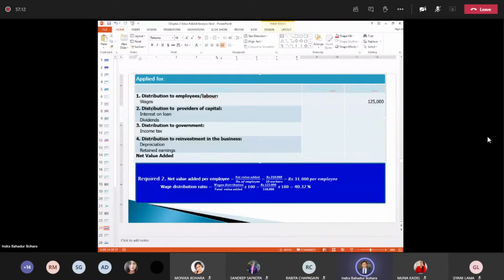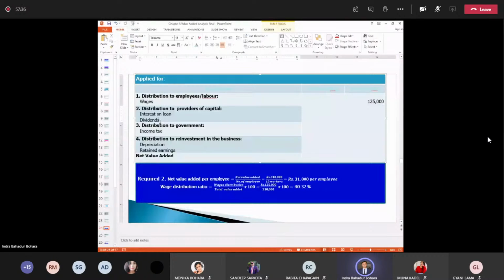Therefore some amount of value added is distributed to the capital provider in terms of interest on loan or interest on debenture and dividend.